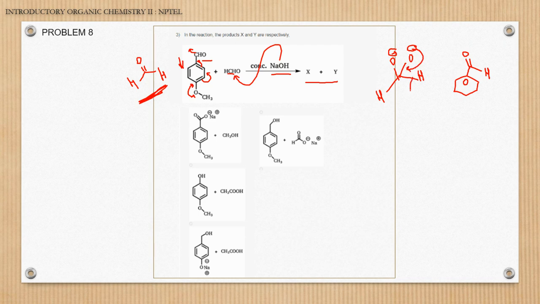This hydride will attack onto this particular group, and what will get generated? What would be generated? At least now tell me the right option.